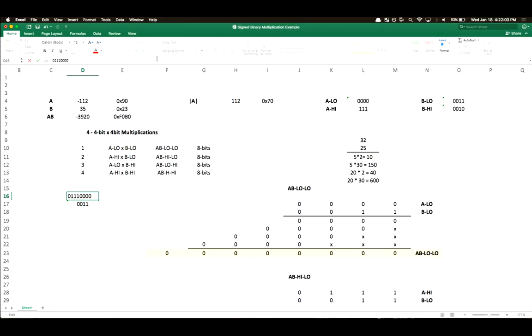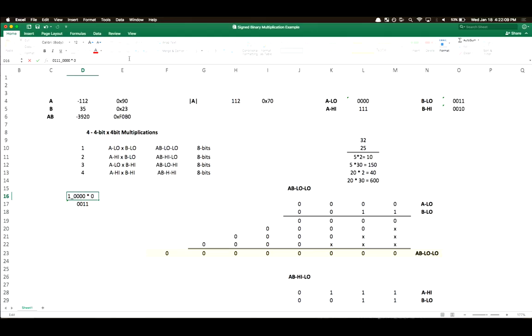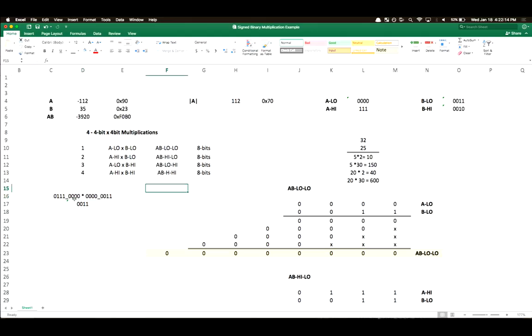And then you're multiplying this by 0, 0, 1, 1. That's the actual multiplication that's going on. So that's why we shifted it over by 4 bits down here.